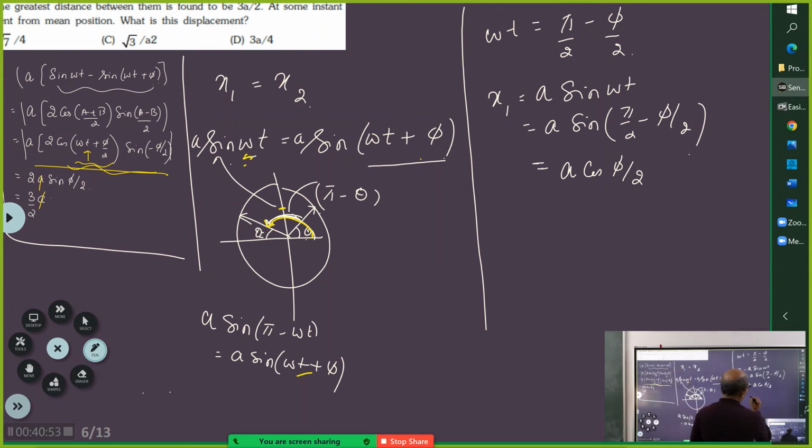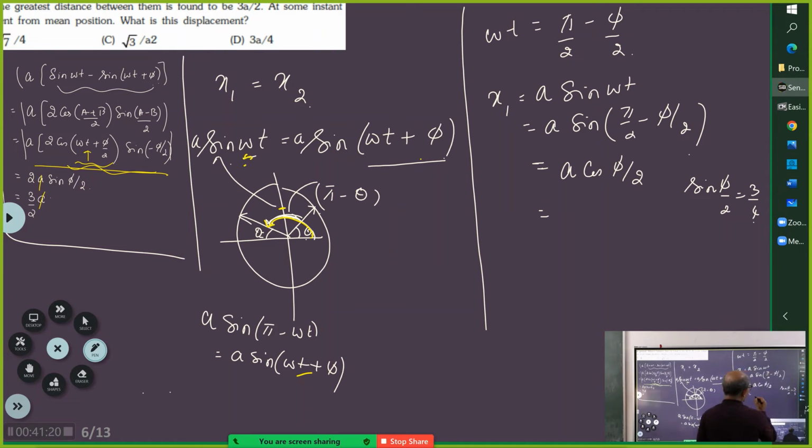So it is cos pi by 2. Now we know what is sin pi by 2. We have taken modulus there, correct? What we had got earlier was sin pi by 2 is 3 by 4.